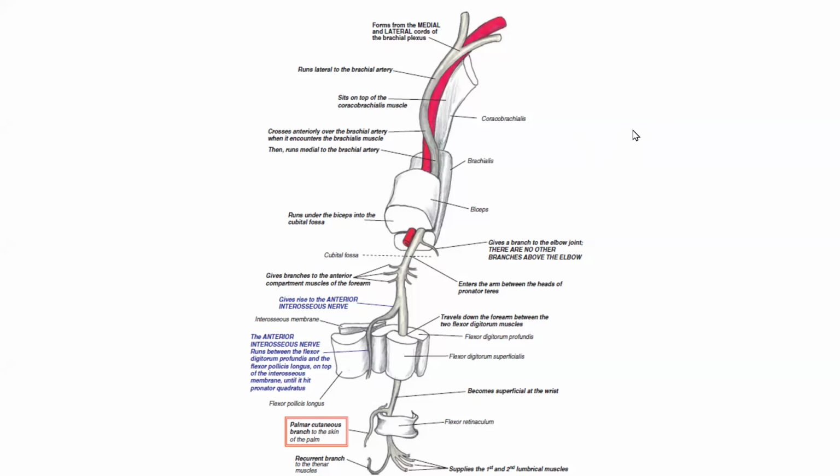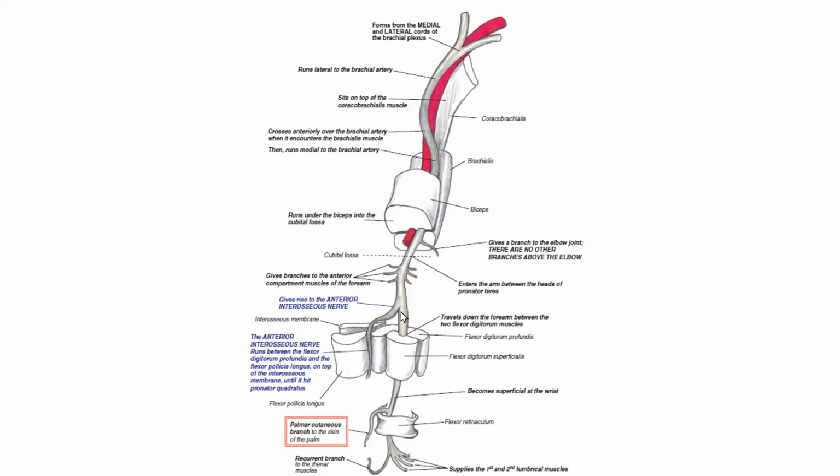Now, the median nerve, as it goes into the forearm, goes between the profundus tendon and the sublimis. But in the mid forearm, it goes between the flexor pollicis longus and the flexor carpi ulnaris.